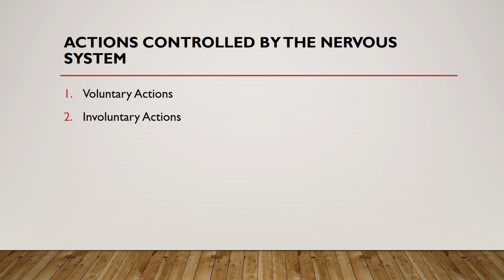While involuntary actions means the body actions which are performed without the involvement of the thinking process. Involuntary actions are not performed under the conscious control. Heartbeat, breathing, blinking of eyes, movement of the small intestine, etc. are the examples of involuntary action.